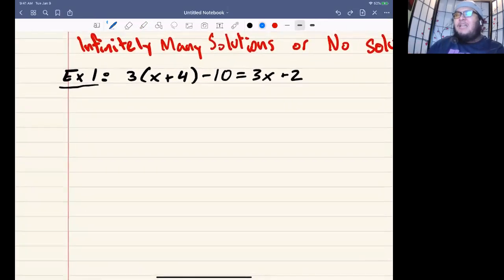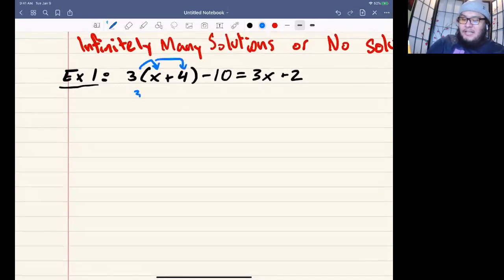We have 3 times quantity x plus 4, minus 10, is equal to 3x plus 2. First things first, we got to do our order of operations. We got to take care of this parentheses, multiplication. So we're going to distribute the 3 over here and over here.